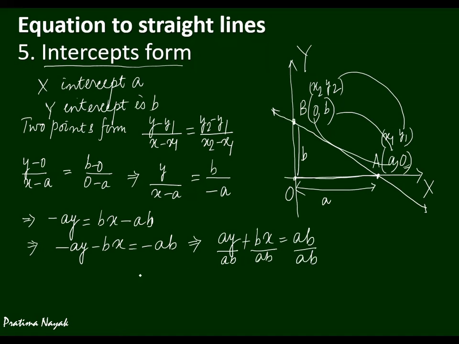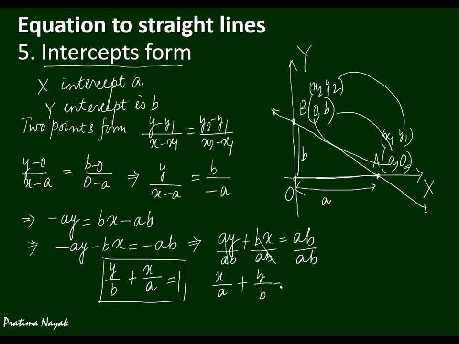Then how much will we get? We'll get y by b plus x by a is equal to 1. So this is your equation in intercept form. x-intercept is a, x upon a; y-intercept is b, y upon b. It is always equal to 1. And this is used to draw the graph of the equation.